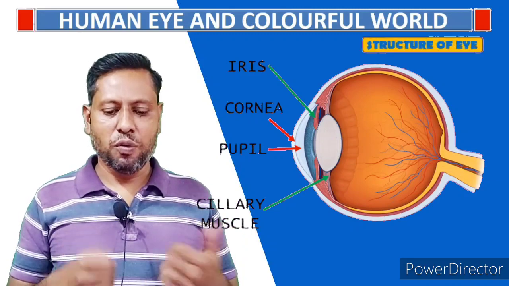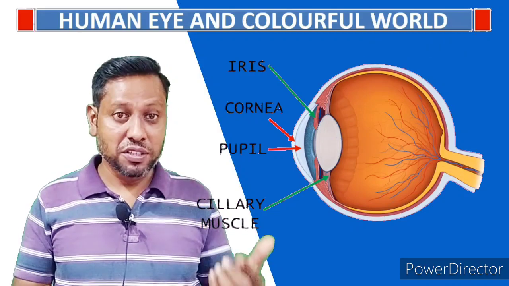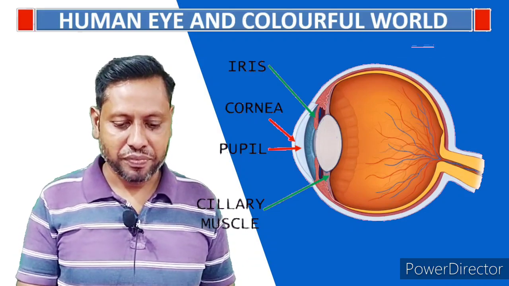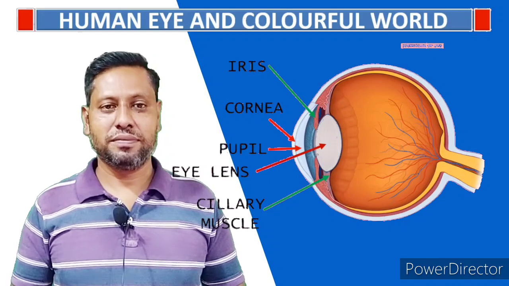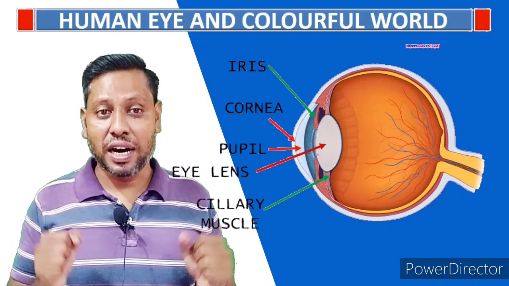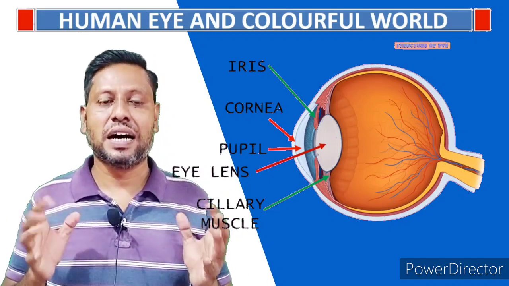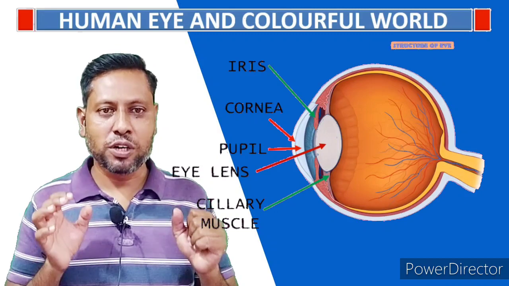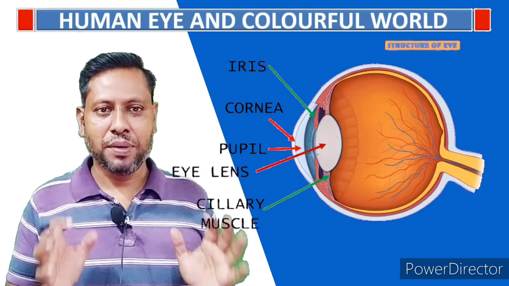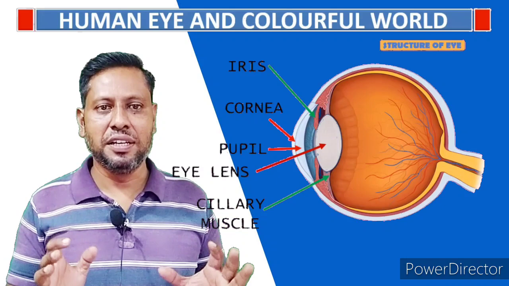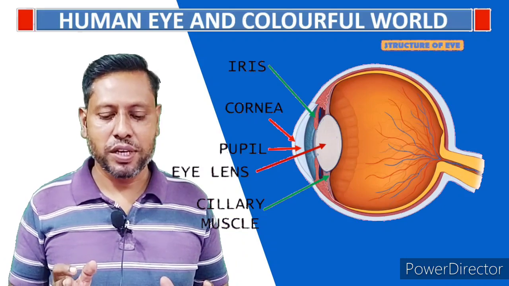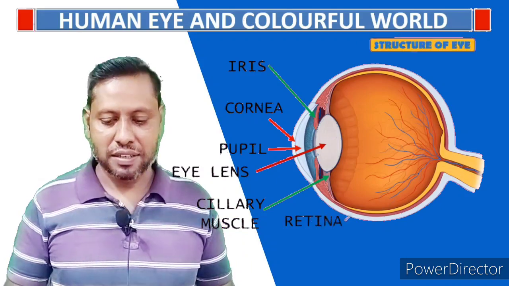Now we will discuss one by one the functioning of all these parts, but let's go ahead. The next part, very important, is the heart of the eye, and that is the eye lens. The eye lens is a very important part of our eye, because it carries the essential thing of image formation. The next part is the retina.